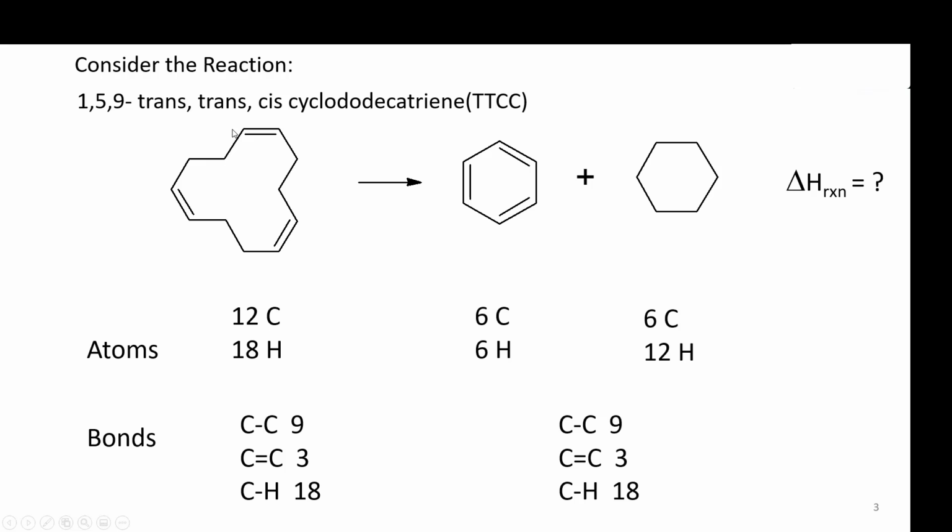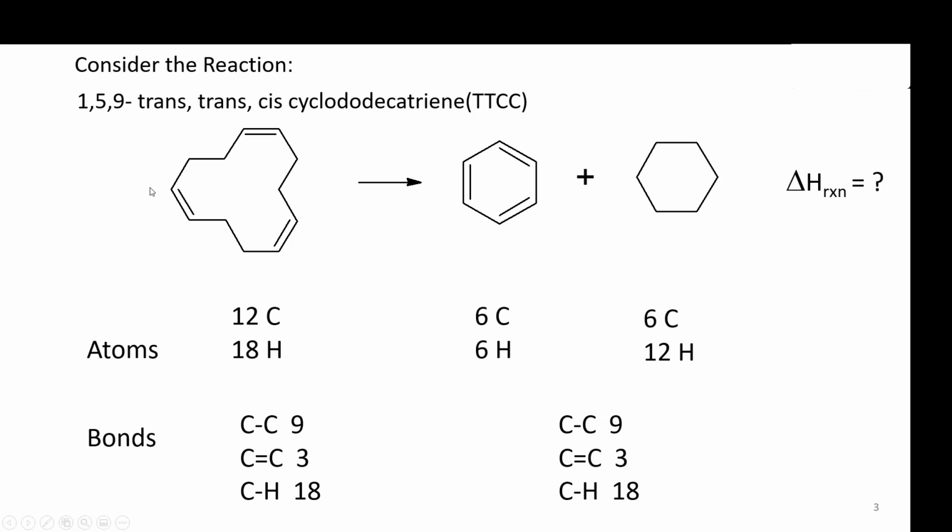If I have this molecule that has 3 isolated carbon-carbon double bonds, you'll notice these double bonds are separated by 2 carbons, so they are not conjugated, right? And there are 3 of them. And look at how many carbons there are: it's 12 carbons and 18 hydrogens. So this molecule is called 1,5,9.